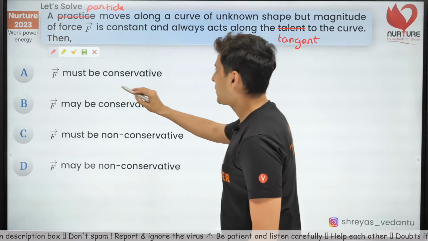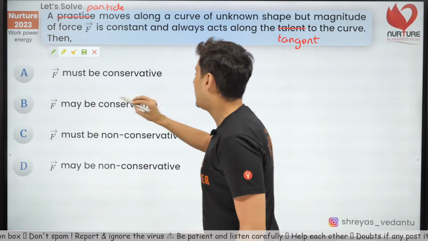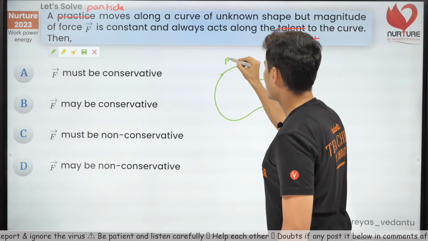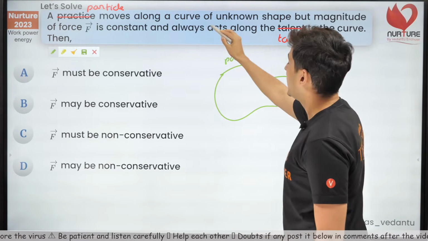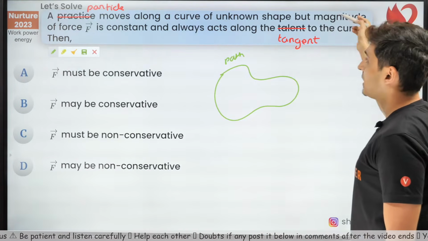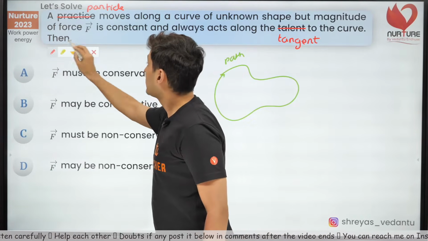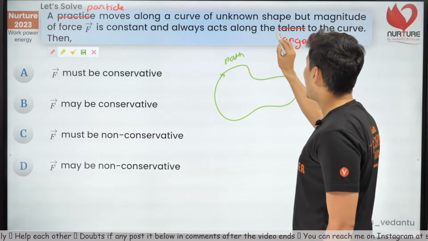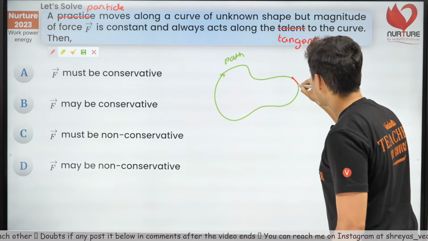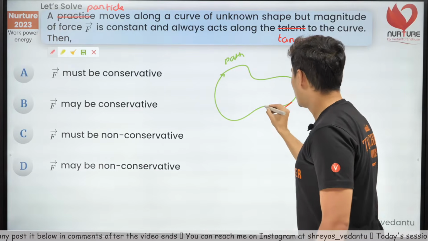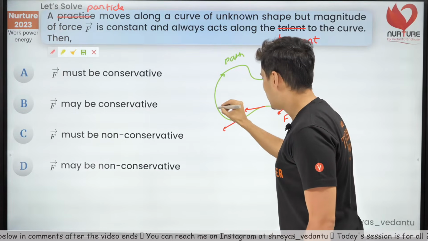So I'll tell you what you should do. My path could be, let's say, like this. A particle moves along an unknown shape, and F is always constant. And this force is always along the tangent, meaning the force is always like this. Tangent, tangent, tangent.